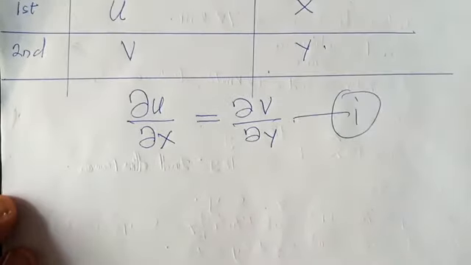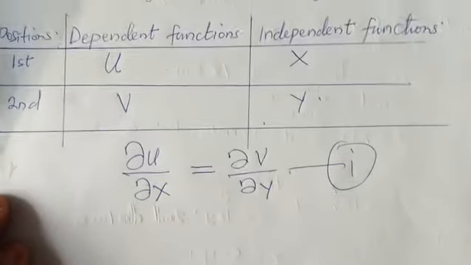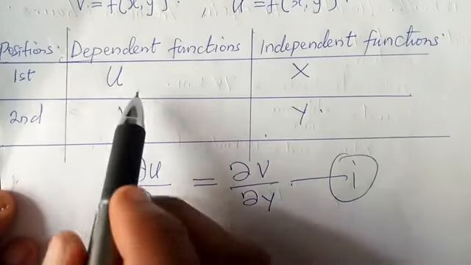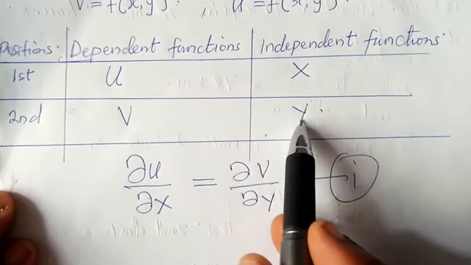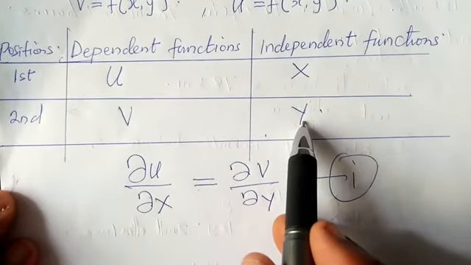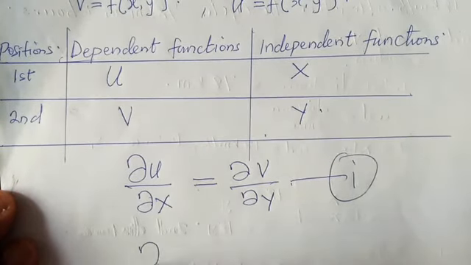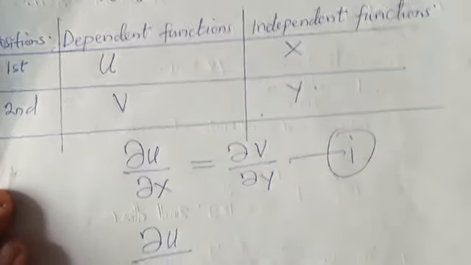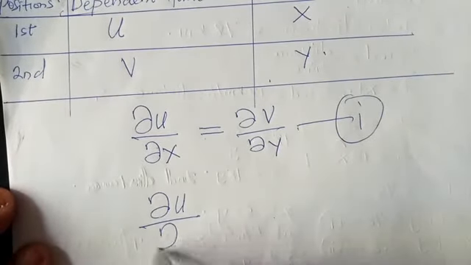Considering the dependent and independent variables, u and v are the dependent variables. Then when we go from the first position over the second position, that is a wrong thing. It should be first position to first position of dependent and independent.